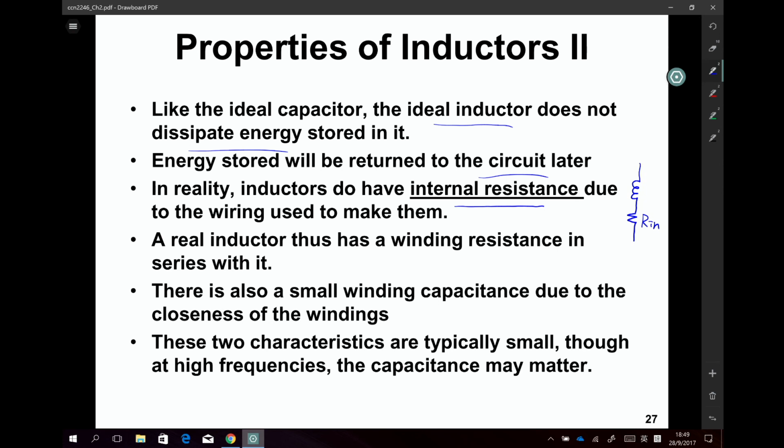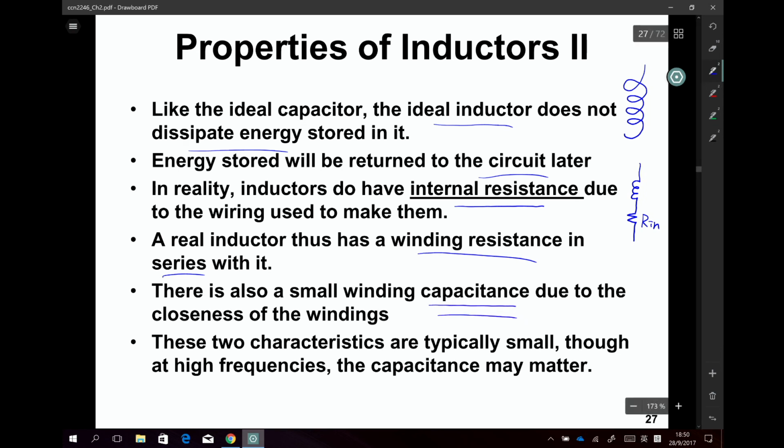Therefore, you have the winding resistance in series connection. Also, if you look at the coil, the distance between the coil paths is very close, so it will create a capacitor effect.